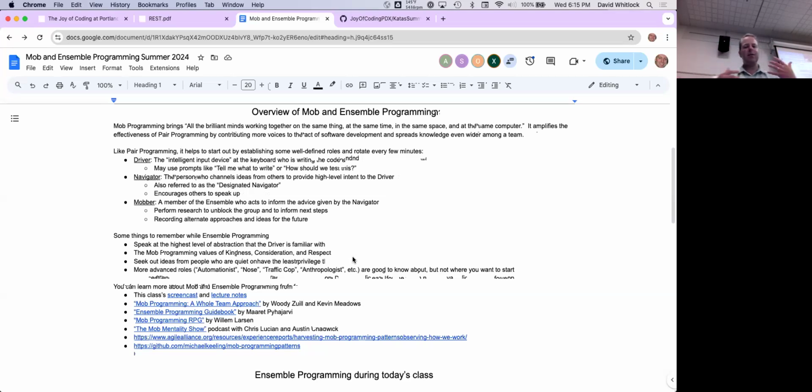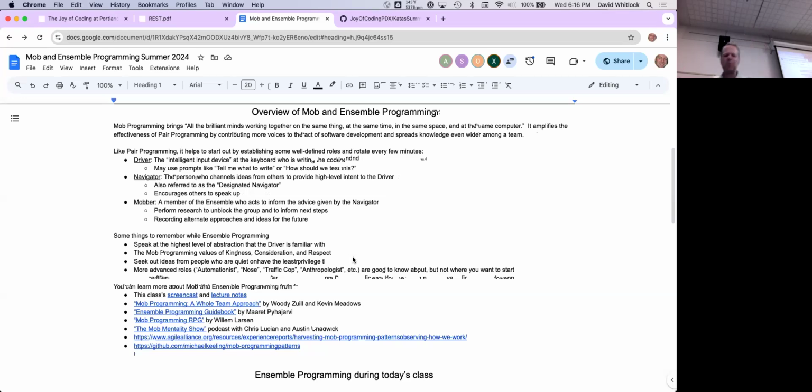And the navigator is then informed by everyone else in the mob, the mobbers. These are people that are talking about and thinking about the problem at hand, what to solve and how to solve it. They might also be going off and doing some research, or thinking about some other things that they could do, and capturing notes for the future.